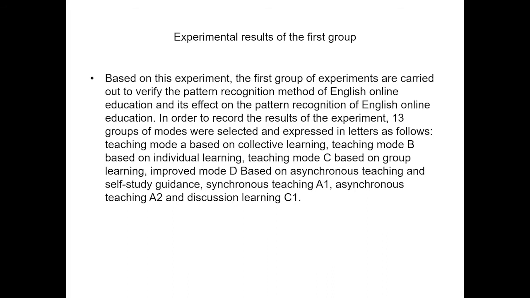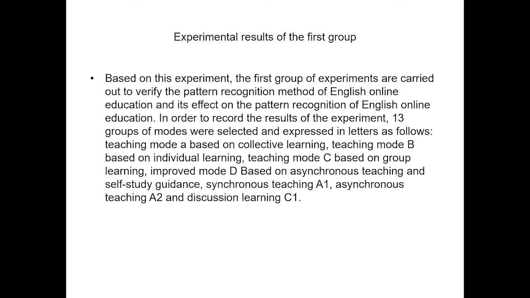Experimental results of the first group. Based on this experiment, the first group of experiments are carried out to verify the pattern recognition method of English online education and its effect on the pattern recognition of English online education.